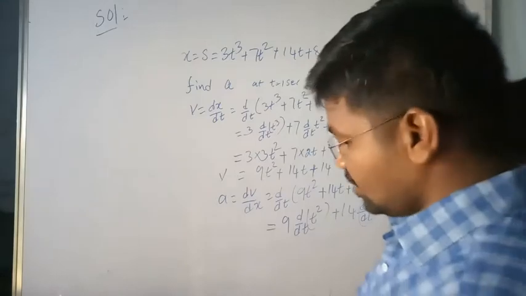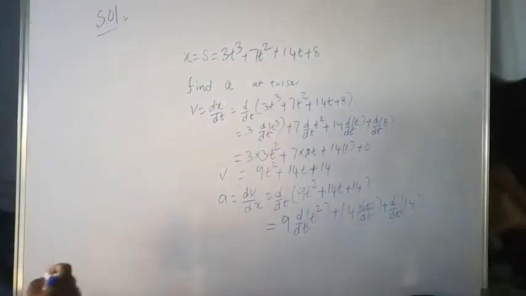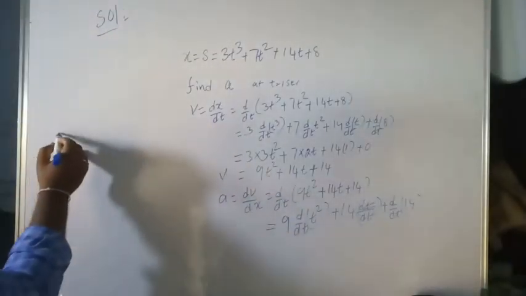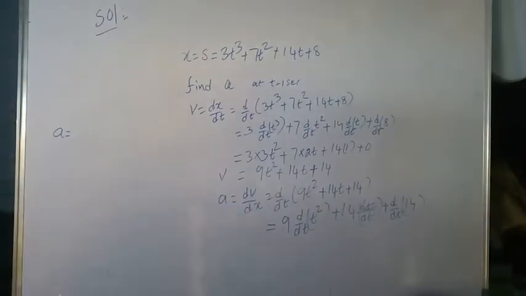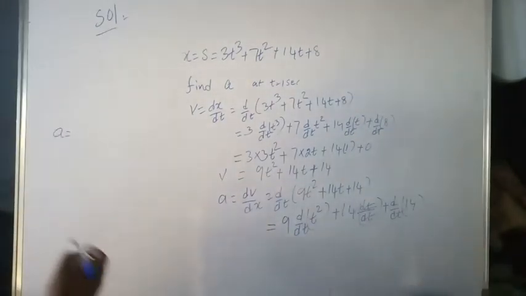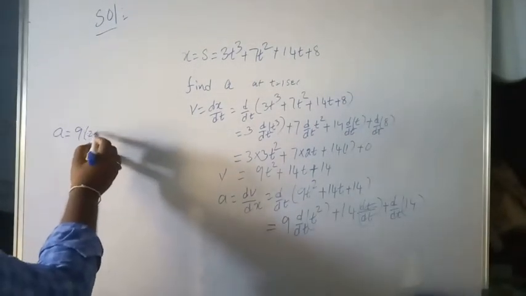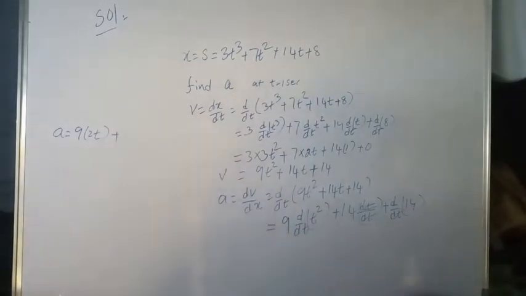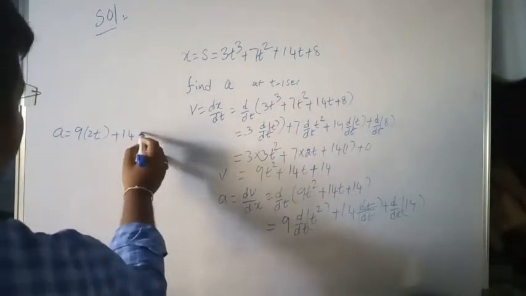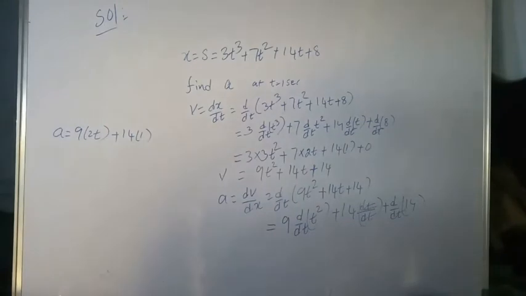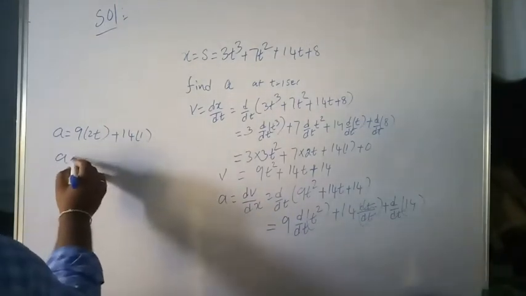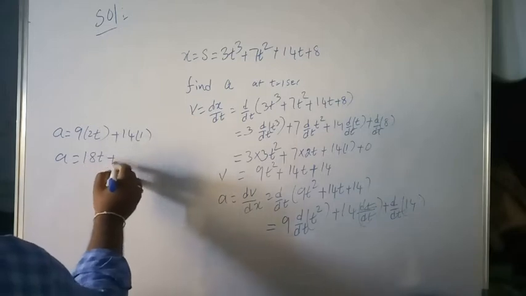Okay, understand? Coming to here, acceleration a is equal to 9 into 2t plus 14 into 1. Okay, a is equal to 18t plus 14.